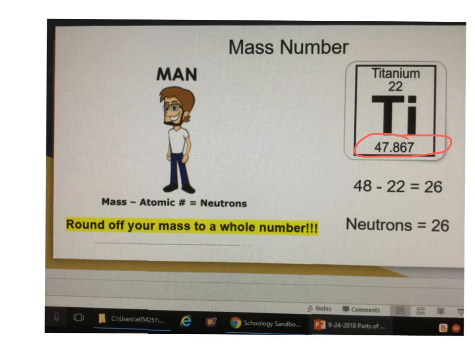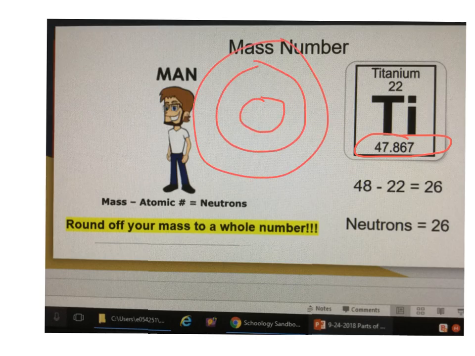Okay, and that's your mass number. Okay, now how do I find my mass number? Remember we saw those pictures of your atoms? Okay, that center part is your nucleus, and the outside part are your electrons. The protons and the neutrons together is what makes up your mass.